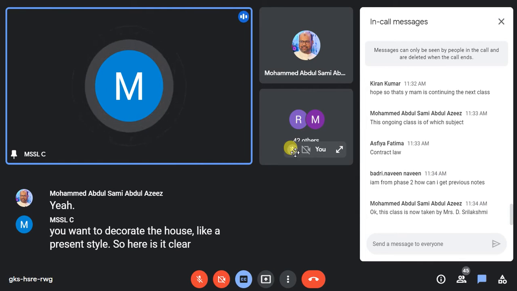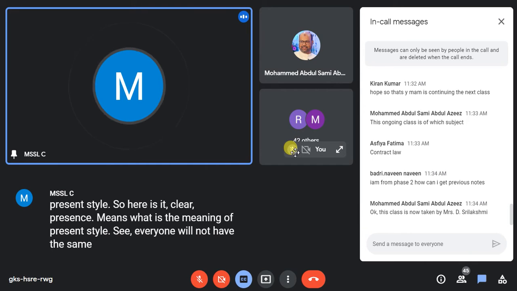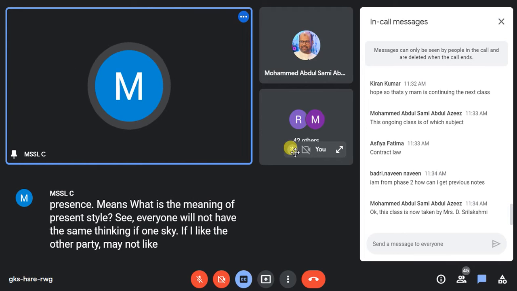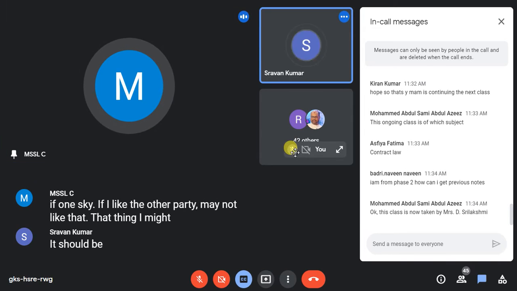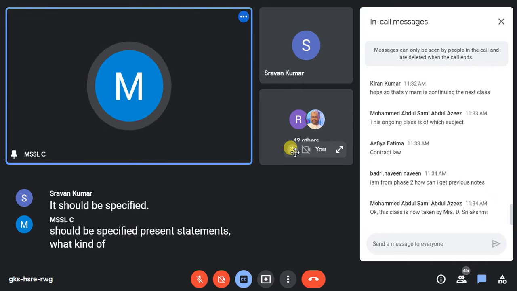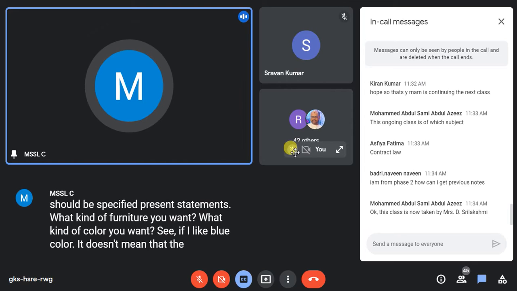What is the meaning of present style? Everyone will not have the same thinking. If I like one style, the other party may not like that thing. It should be specified. Present style means what kind of furniture you want, what kind of color you want. If I like blue color, it doesn't mean that the other party also likes the blue color.